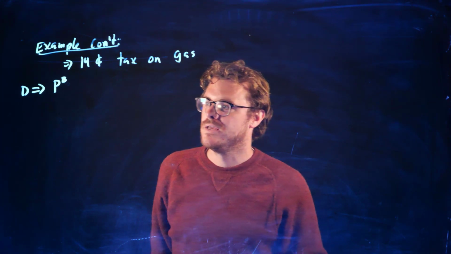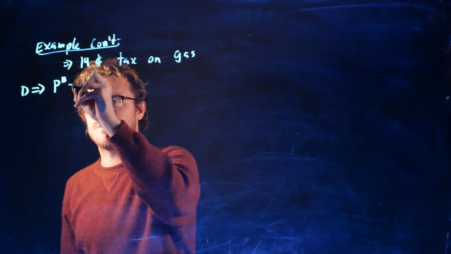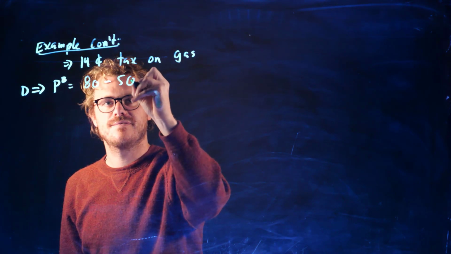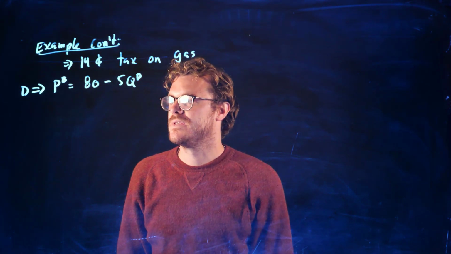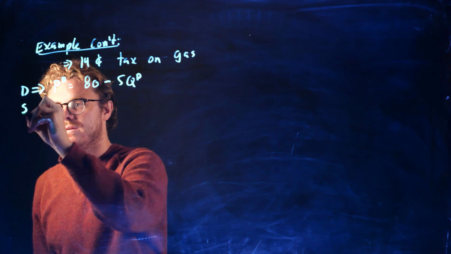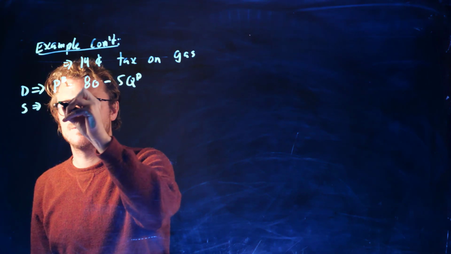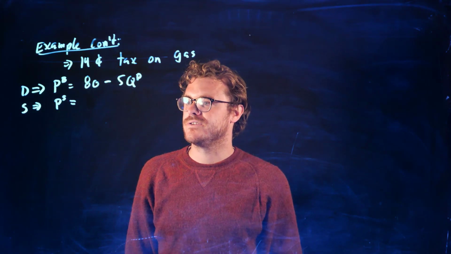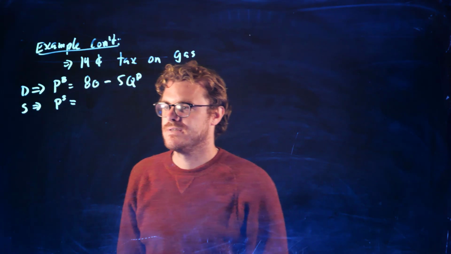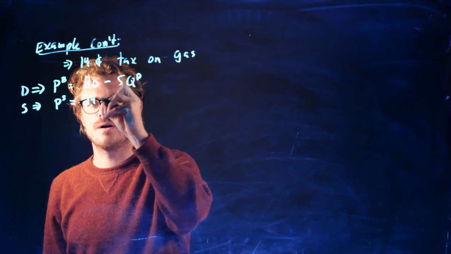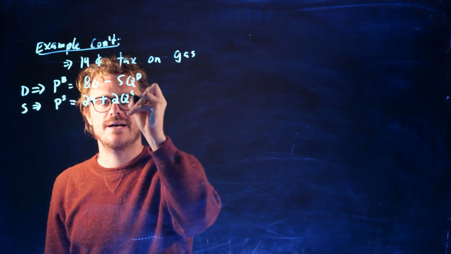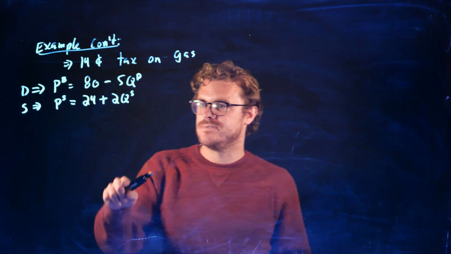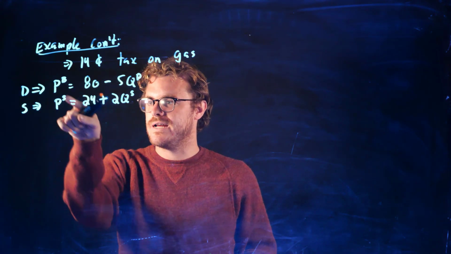So PB equals, if we remember, 80 minus 5QD. The supply curve was, again, now it's PS, the price the sellers get, was 24 plus 2QS. So we have two equations, but we're going to have one quantity and two prices.